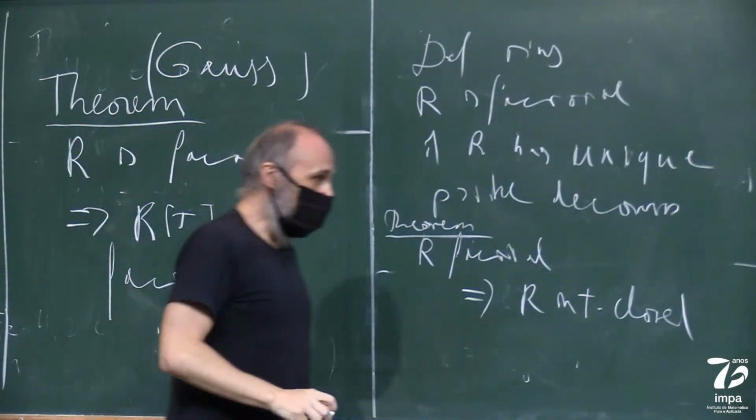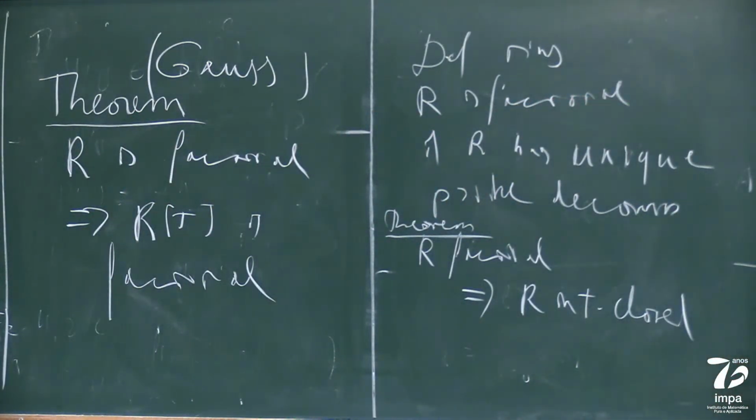I think Gauss didn't consider this an important result. For him, it was obvious. He was very young when he proved it, maybe 18 or 20.